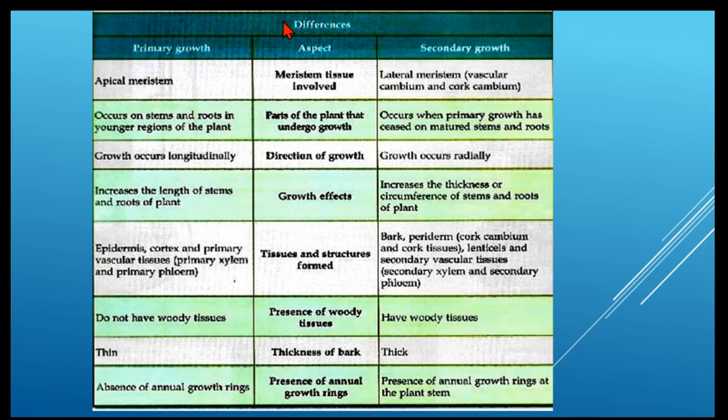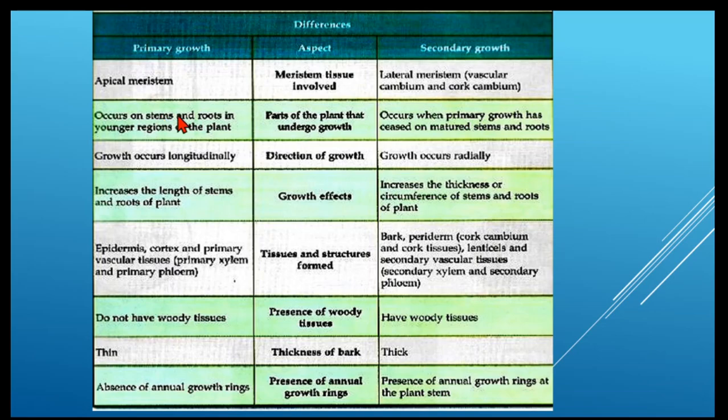Differences between primary and secondary growth in eudicots, aspek dia. Aspek yang pertama adalah meristem tissue involved. Primary growth apical meristem saja, secondary growth adalah lateral meristem, yaitu vascular cambium and cork cambium. Second aspect, parts of the plant that undergo growth. This one is in the stem and roots, in the younger region lah.